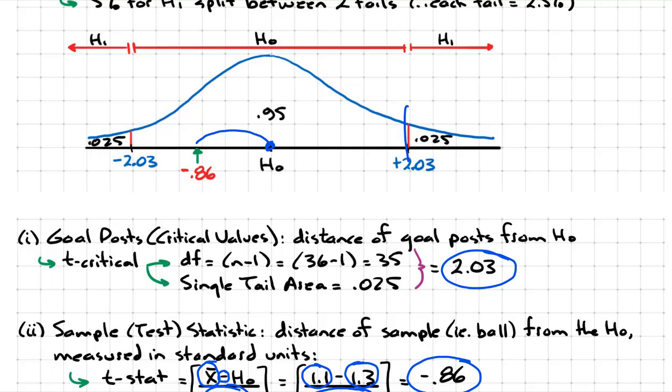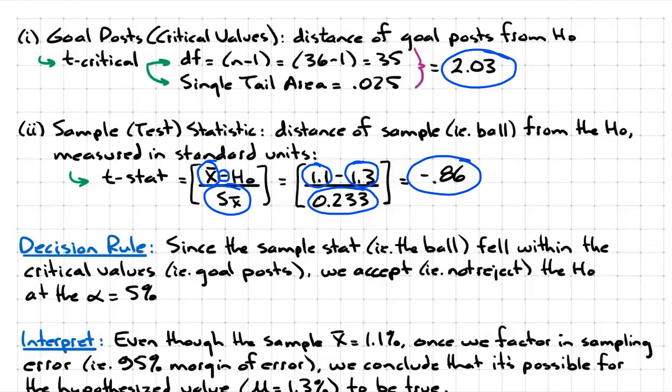But the goalposts are 2.03 standard errors wide. So therefore, you could see the sample fell within the null range. So that's like a goal. That means the null wins. So in hypothesis terms, we accept the null. In other words, we don't reject it.